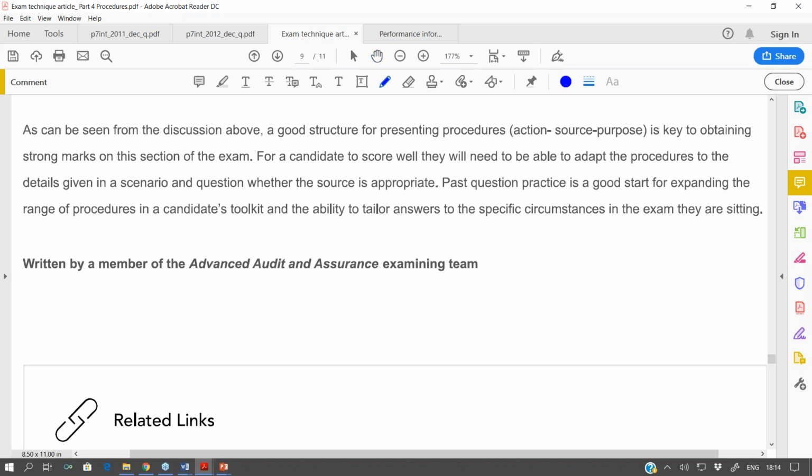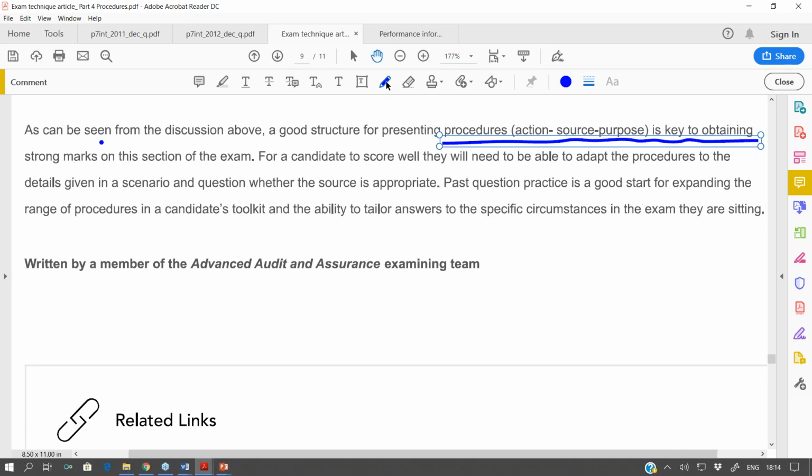So the examiner is saying if you want to have a good procedure and take good marks, then a procedure should have action, source, purpose. That's very simple. If you write an action, a source, and a purpose in a procedure, then you are getting strong marks. So that's the very first thing.